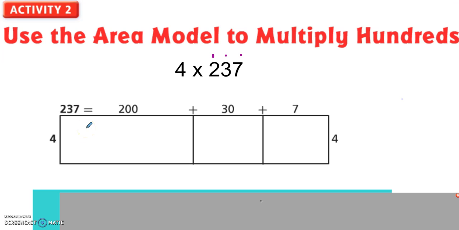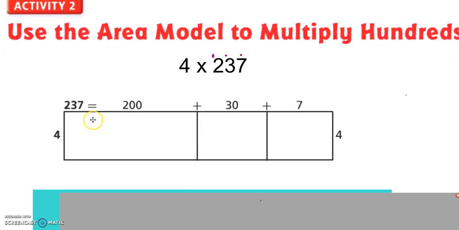So this is, let me get my pen back, this is 200 groups of 4, because it's a 200 by 4 area. This is 30 groups of 4. And this is 7 groups of 4.